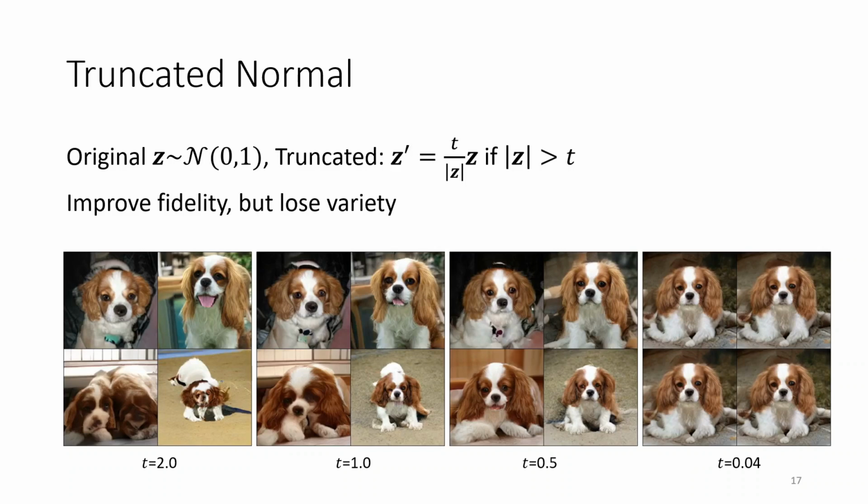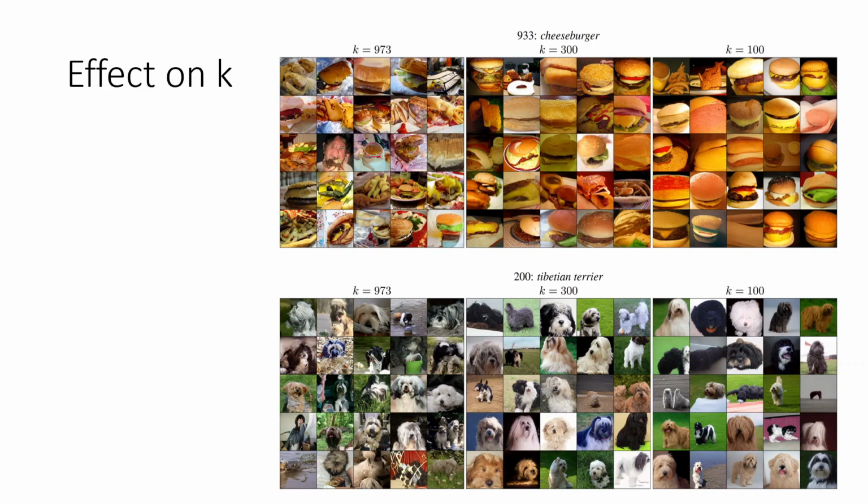Here, the k is almost the same. Okay. If you set a large k, then you will generate highly varied results. If you set a small k, the generated images are perceptually similar to each other.